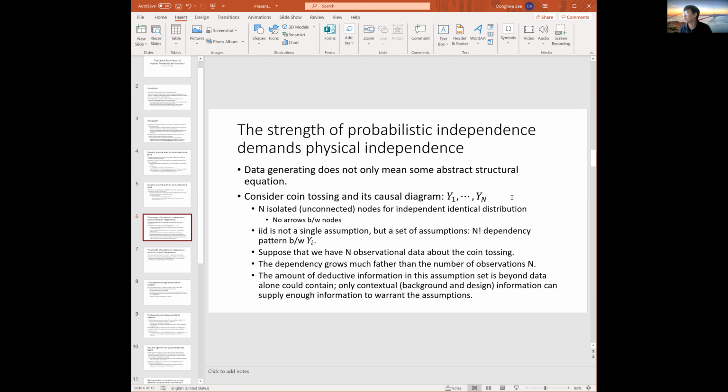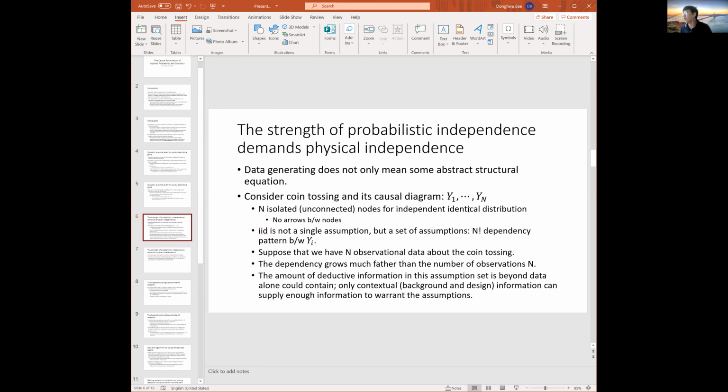There are no arrows between nodes. However, IID is not a single assumption, but a set of assumptions. For the n nodes, there are n factorial dependence patterns between them. Think about the permutations of them.